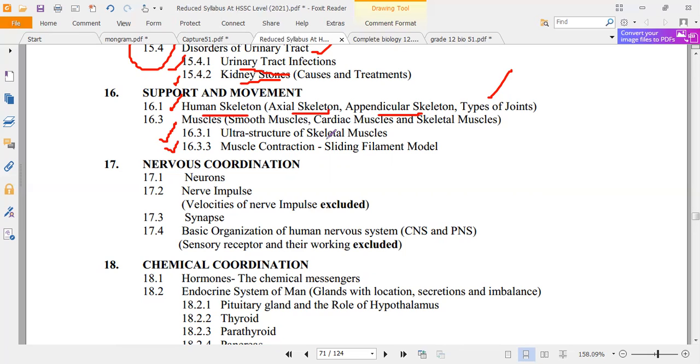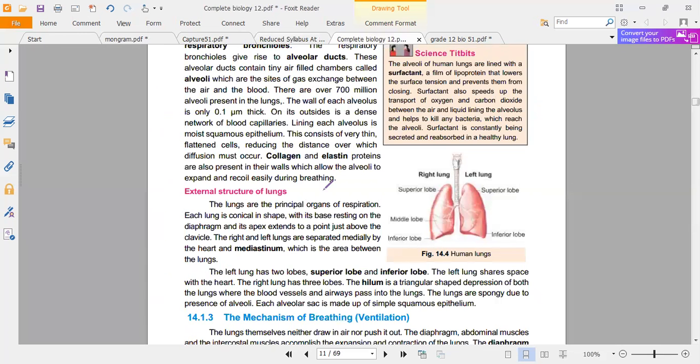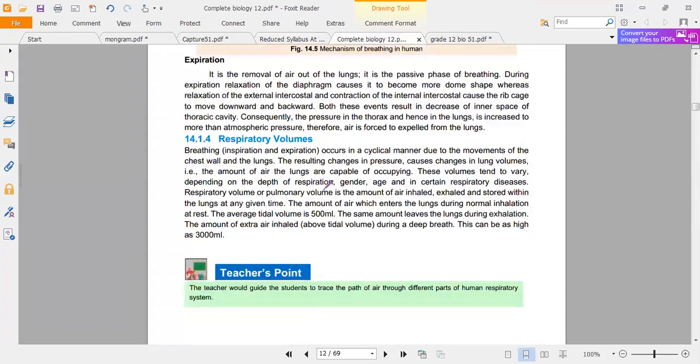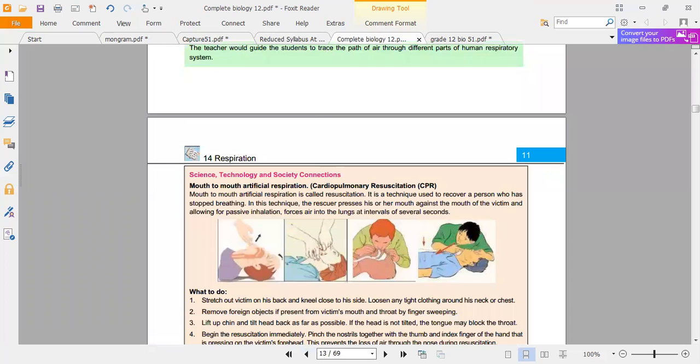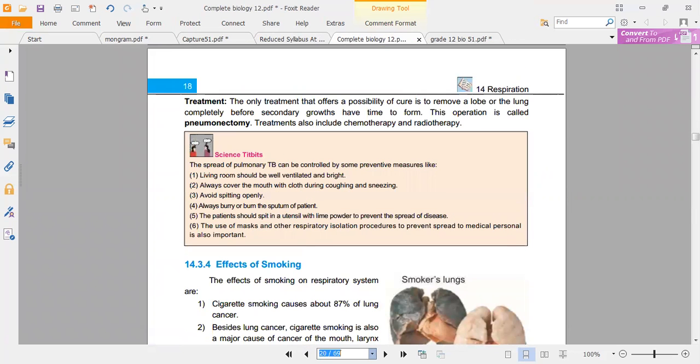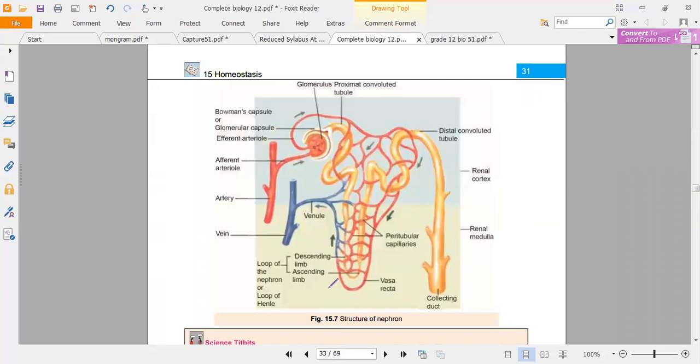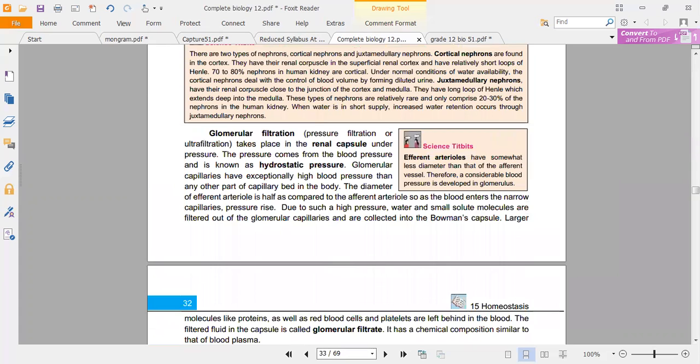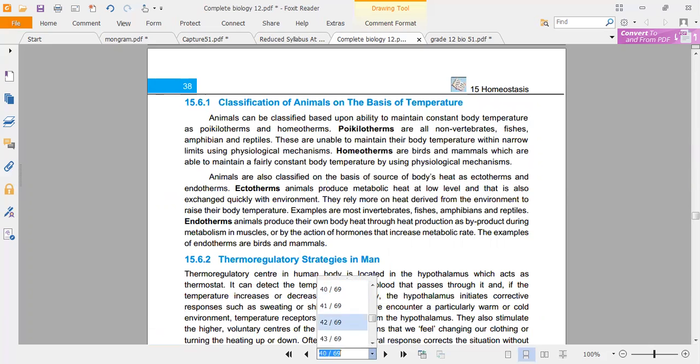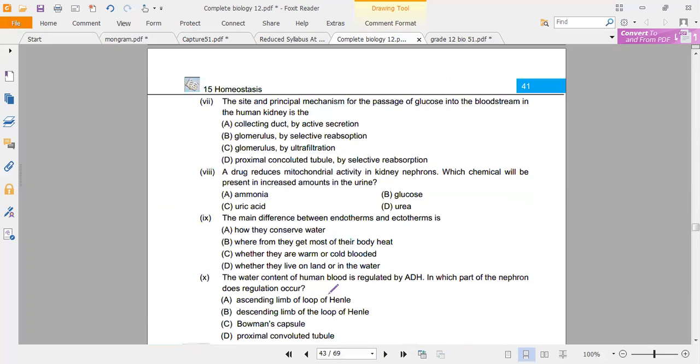If we go to that topic, you can see here, I think page number 20, yes, this is the structure of kidney, that is homeostasis, and here we have to go to the next, thermoregulatory strategies, 43.